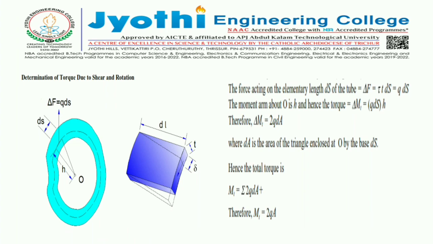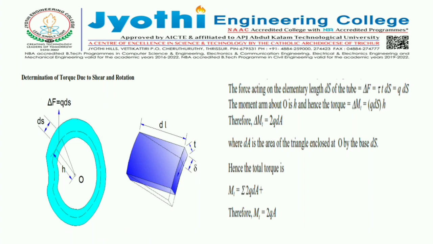Next, determination of torque due to shear and rotation. First, consider an element of length ds, and the force acting on that element is given by shear stress into area, that is delta F is equal to tau into t into ds.